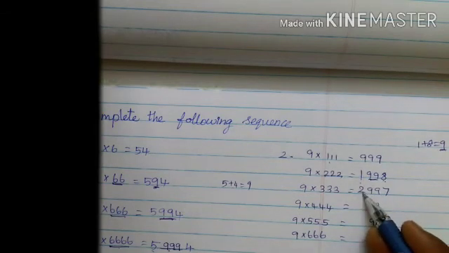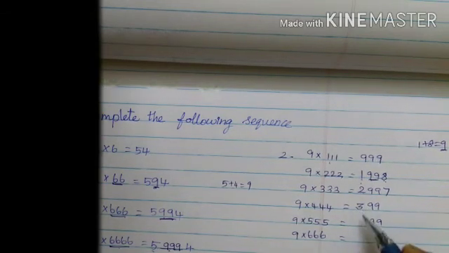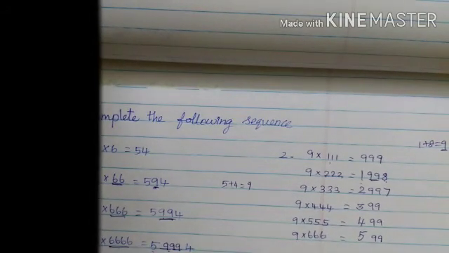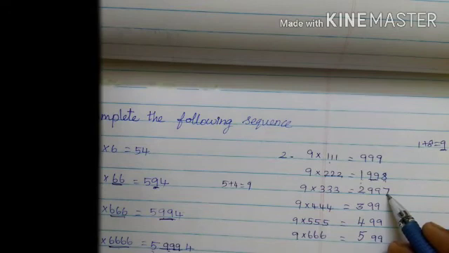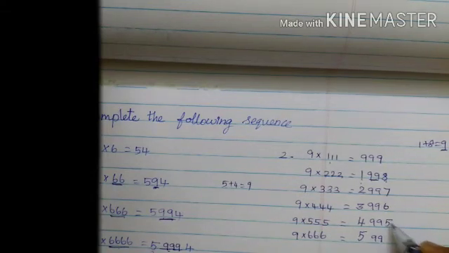So 1, 2, the next 3, next 4, next 5. So easy to understand this. The next one: here 9 changed to 8, 8 changed to 7, 7 changed to 6, 6 changed to 5, then next changed to 4.